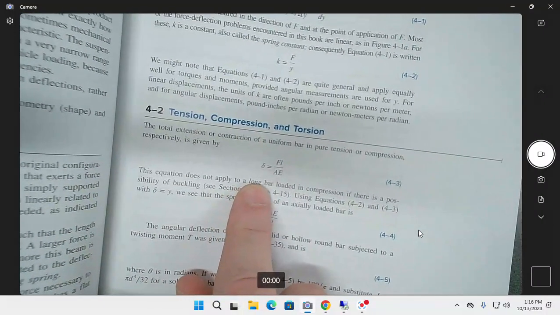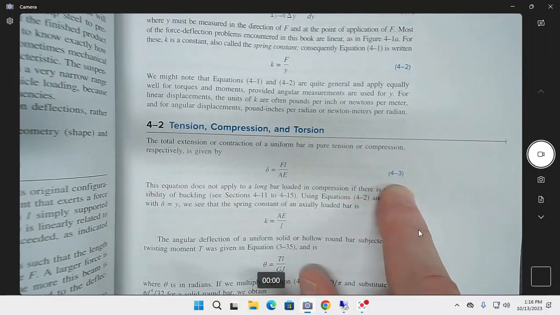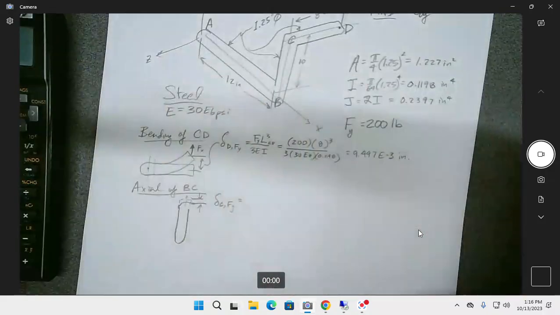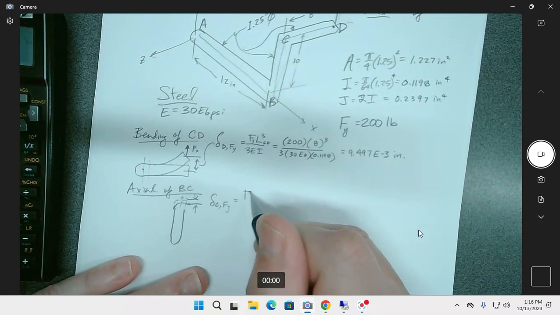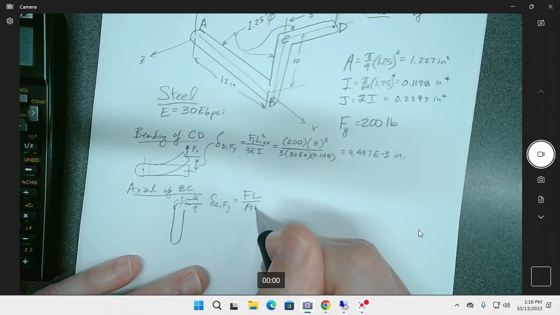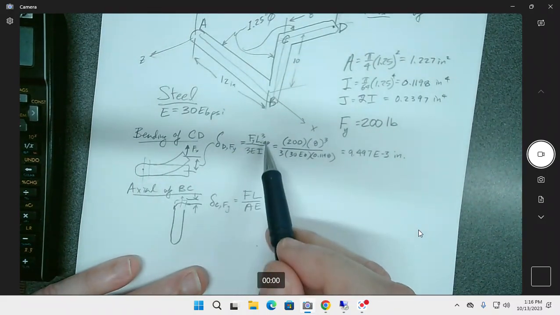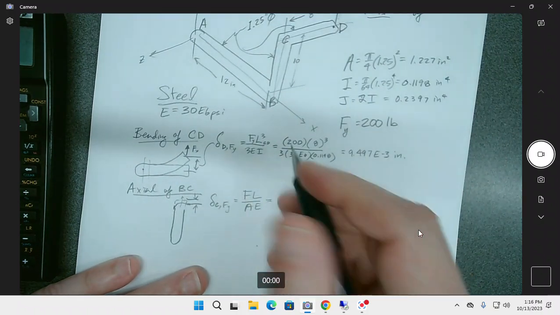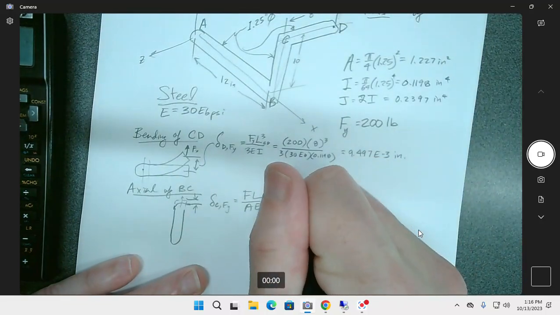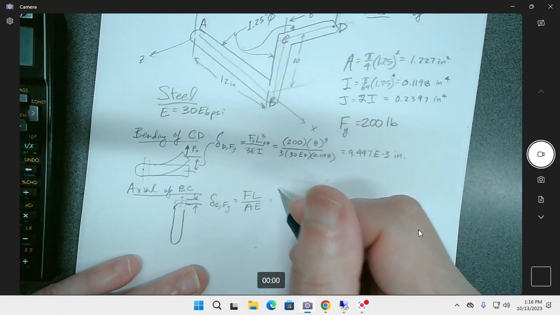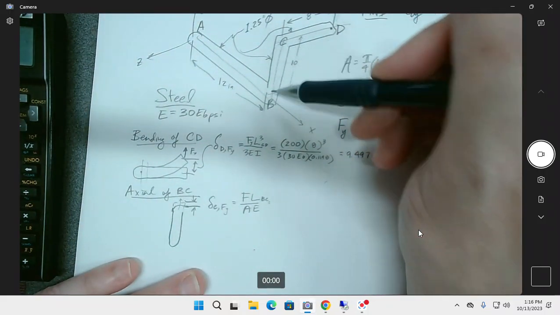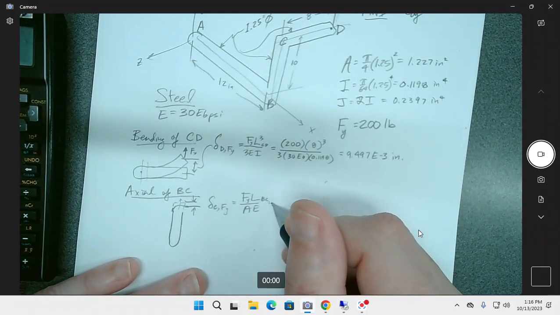There you go. All right, so the deformation due to axial is going to be equation 4.3, FL over AE. Notice how similar it is in this form to the other. They have the same kind of form. So the L is going to be BC. That's the one that's right there. And of course, this is still Y.